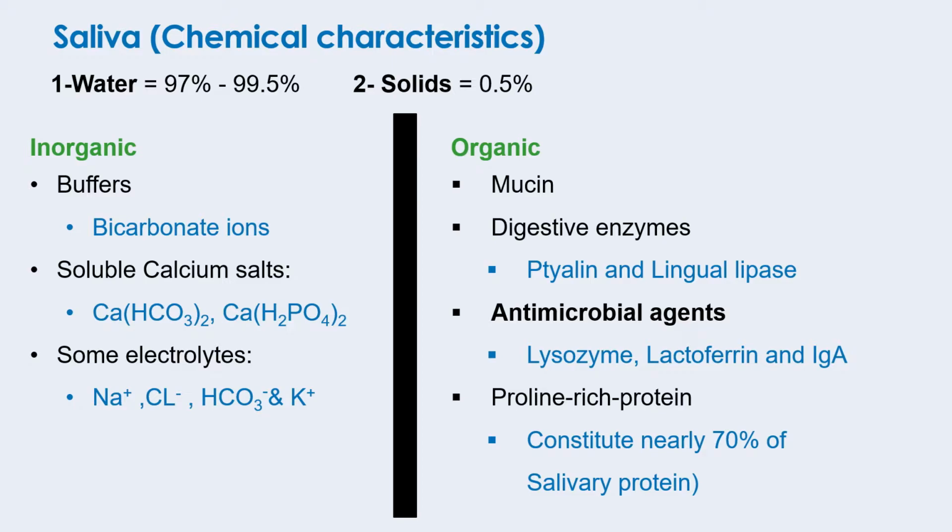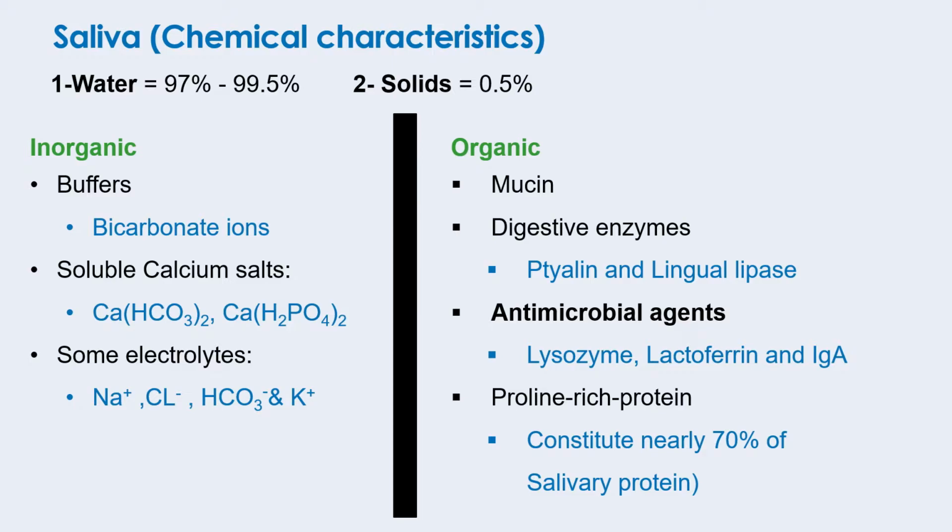The solid part is further divided into two types, inorganic and organic. The inorganic part basically consists of the buffers. You know that the function of a buffer is to neutralize acidity and basicity, that is, to make it moderate for functioning, right?